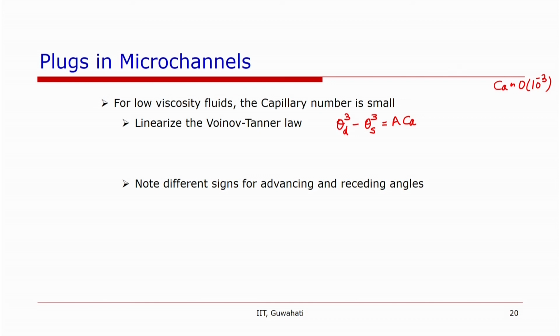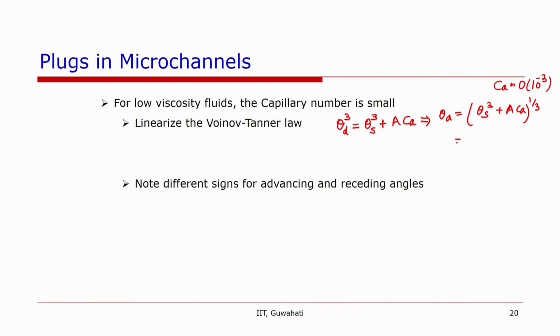So what we can write is that theta d cubed is equal to theta s cubed plus A Ca, or theta d is equal to (theta s cubed plus A Ca) raised to the power 1 by 3.